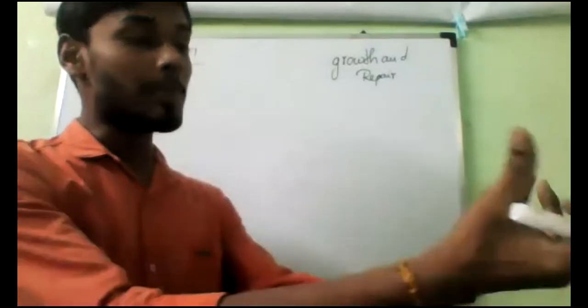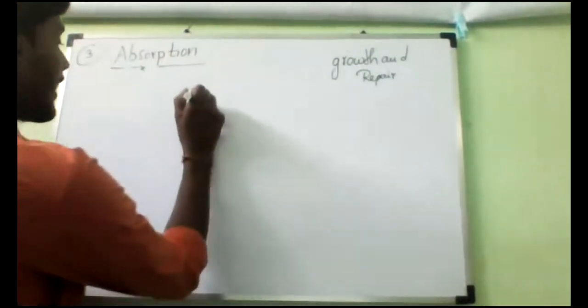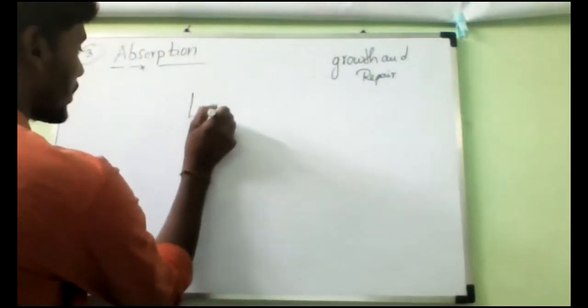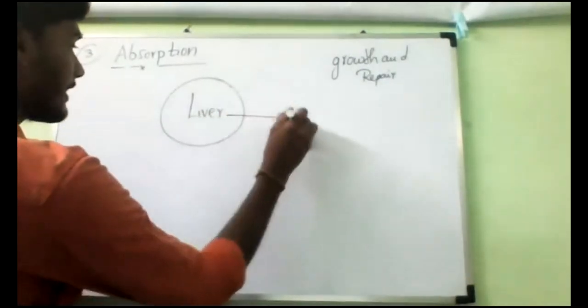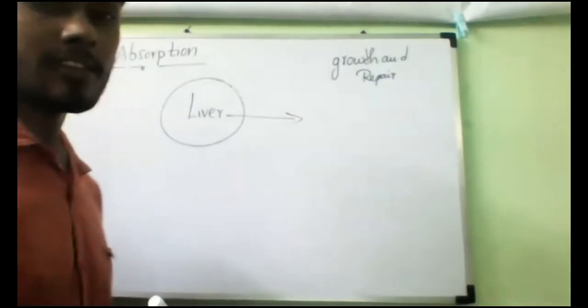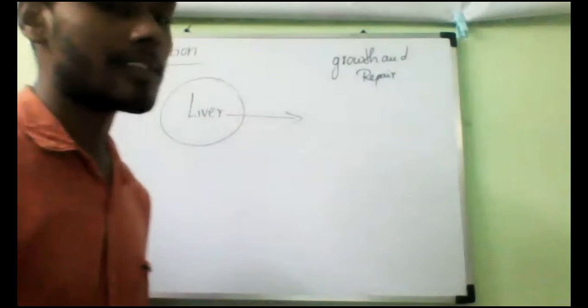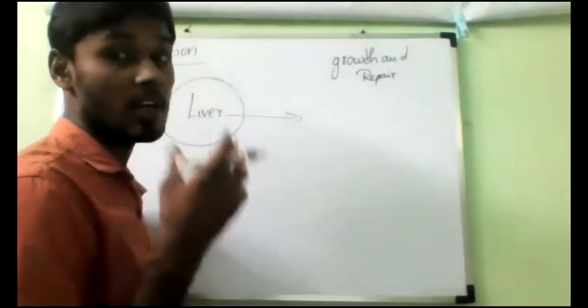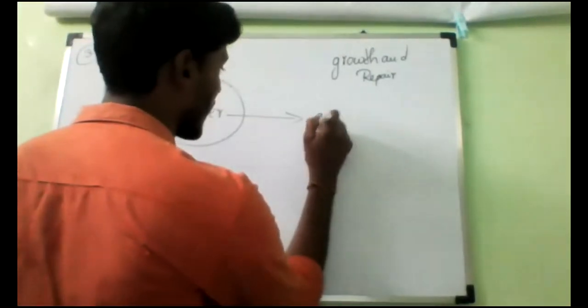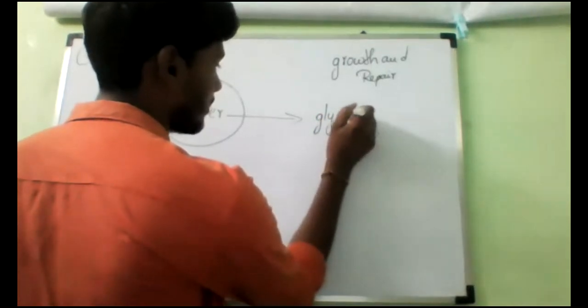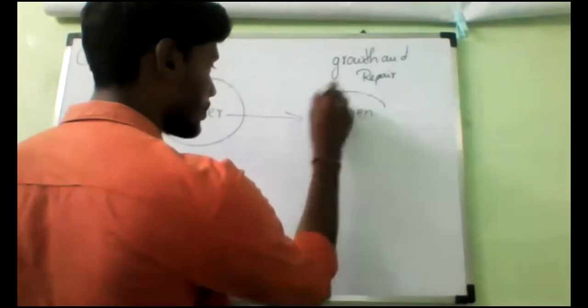This food will be collected by a big organ in our abdomen. Who is that? Liver. The liver will store this digested food not as starch, but in the form of carbohydrate which we call glycogen, not glucose, glycogen.